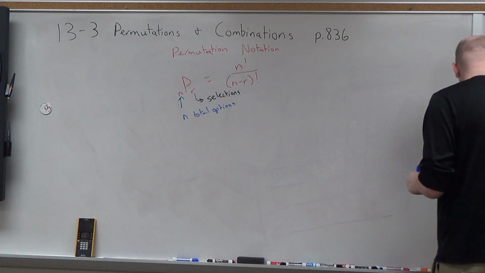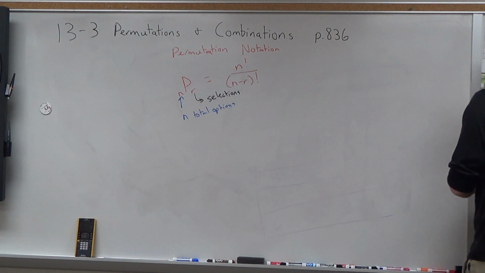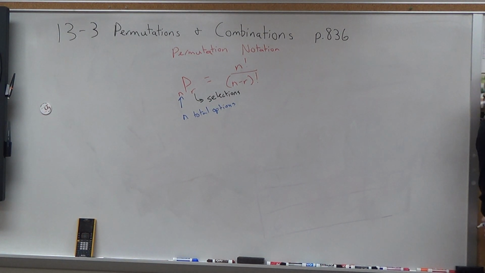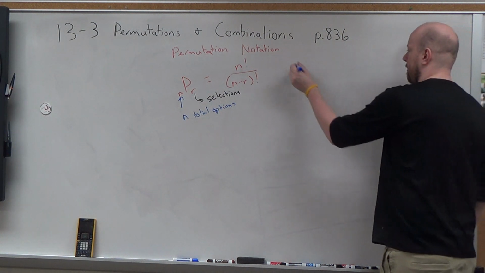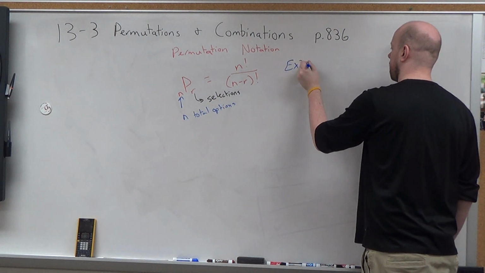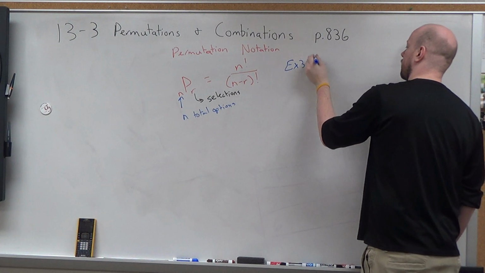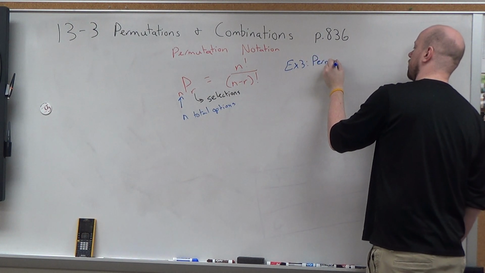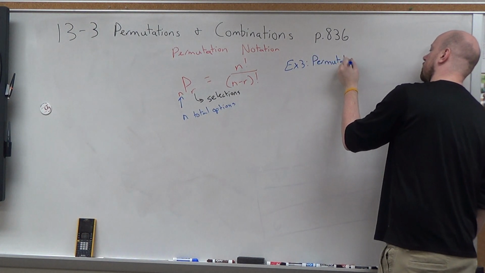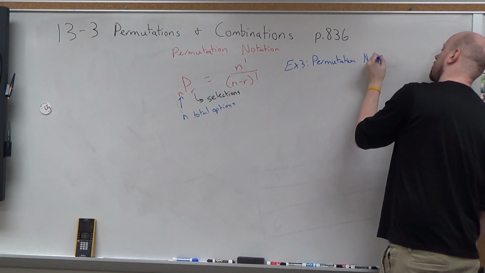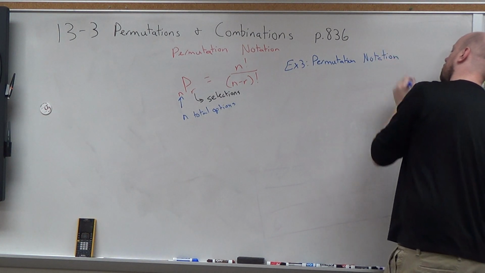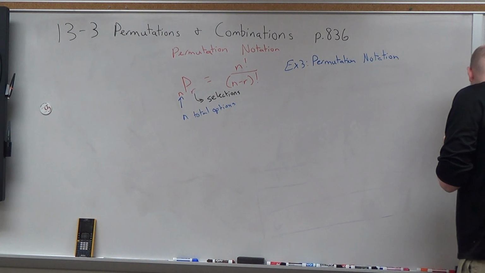So let's see. Example 3. Permutation notation. The environmental club.